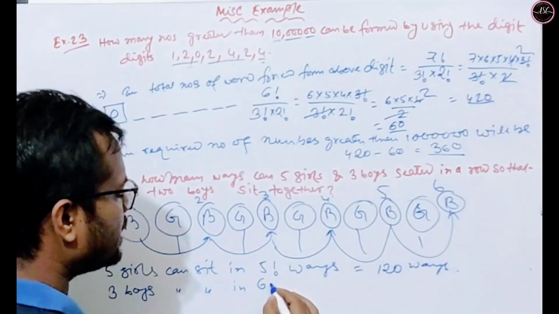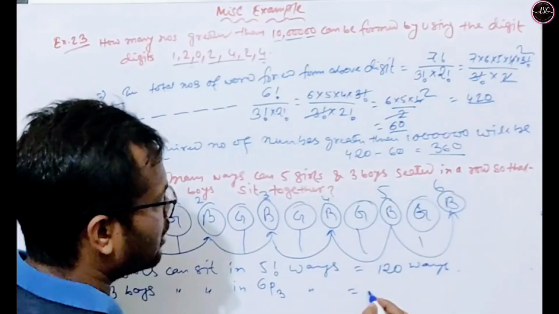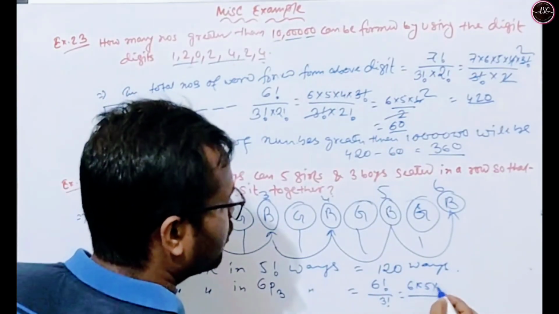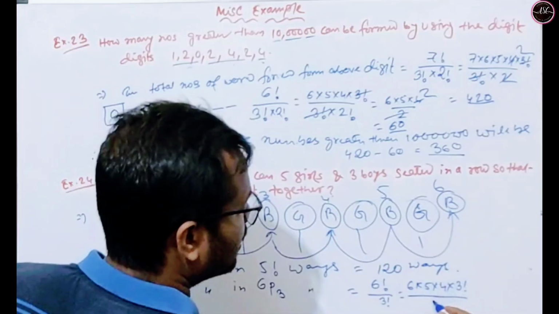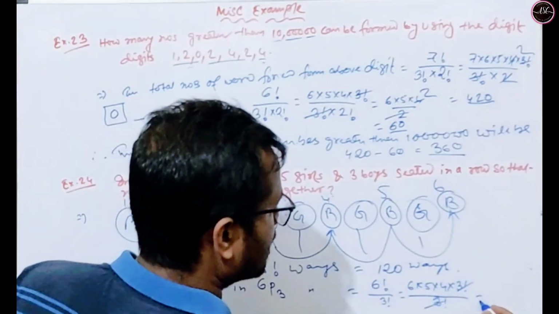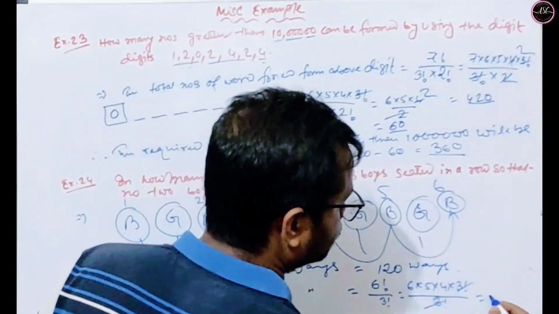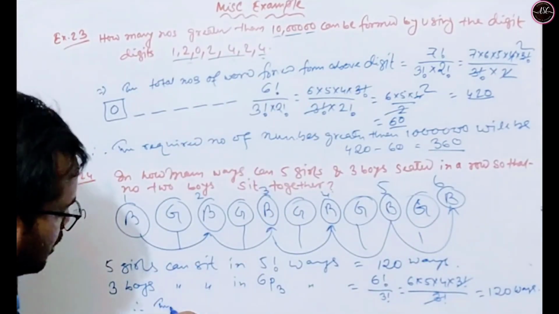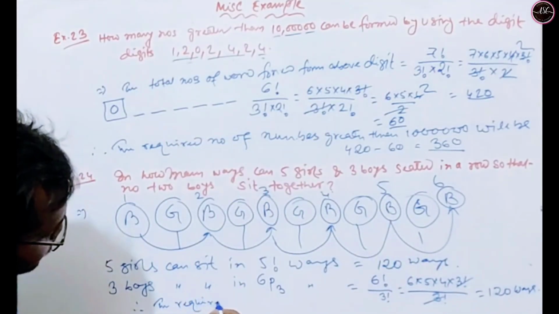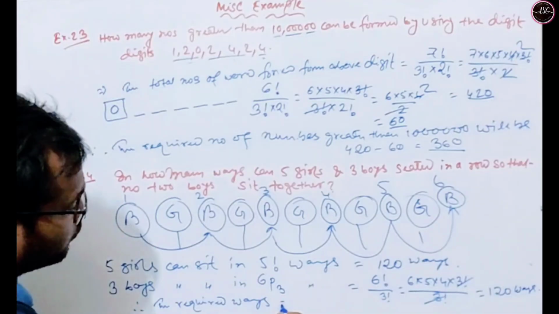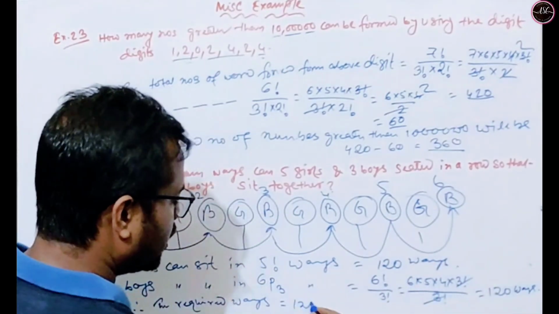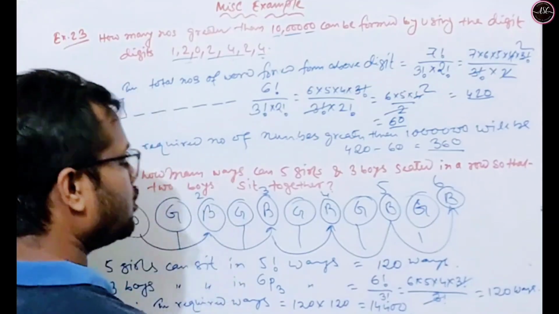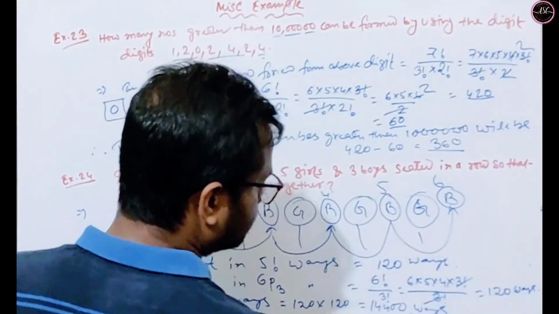So in 6P3 ways, that means 6 factorial divided by 3 factorial. So we have 6 into 5 into 4 into 3 factorial divided by 3 factorial. So just cancel out, 120 ways. Okay, so therefore the required number is just 120 into 120, we have 144,000 ways. Okay, this will be the answer.